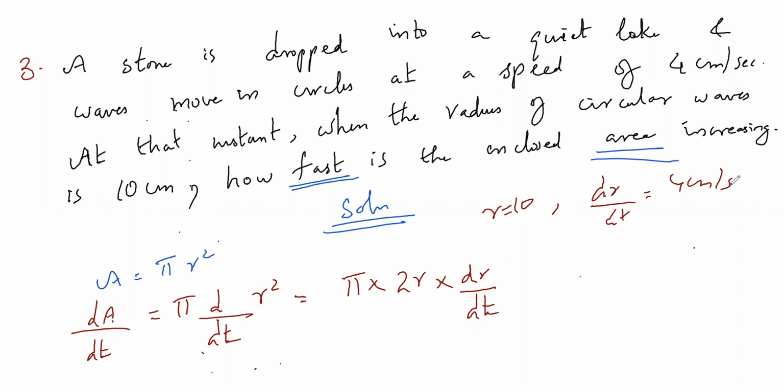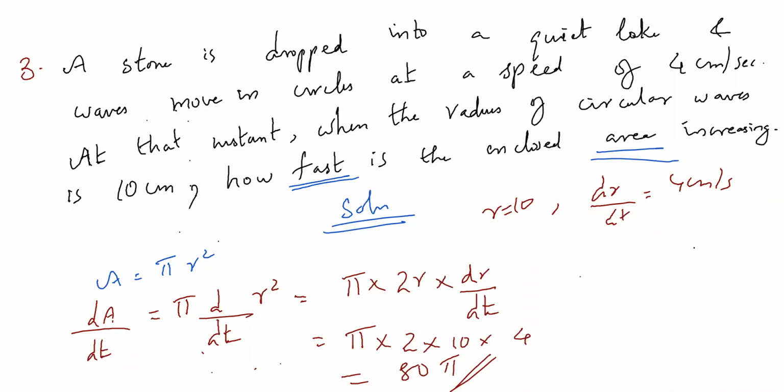If they're giving something like this, then it's purely a differentiation value. That's all. So pi into what? What is my 2r? 2 into 10, into dr by dt which is 4. So you'll get 40 and 4 twos is 80. 80 pi. This is my answer.